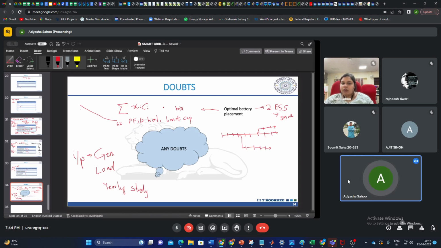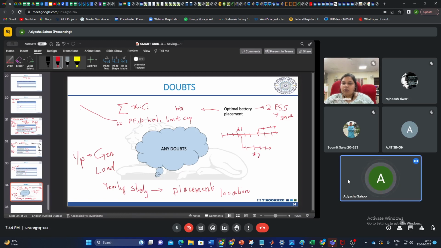So for that, this yearly study will give the placement location. So maybe this optimization model may say one here and let's say a second one here.